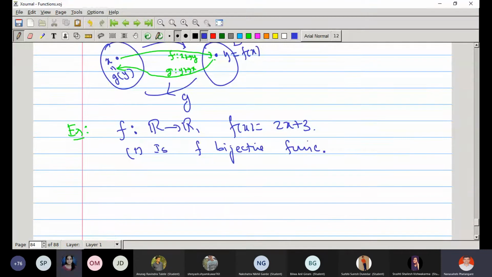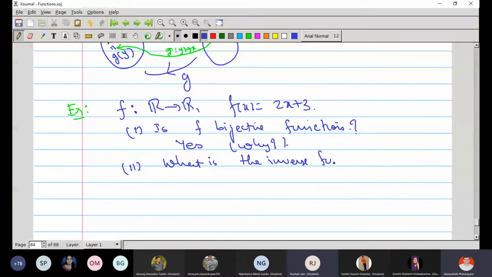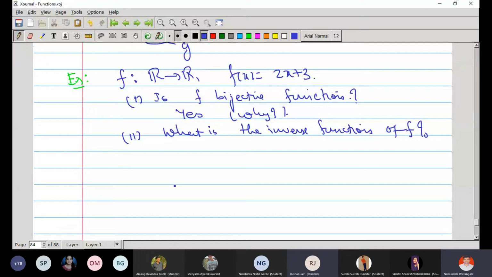Yes, this is a bijective function and you can check this. Okay, now what is the inverse function of f? What is the inverse function of f?